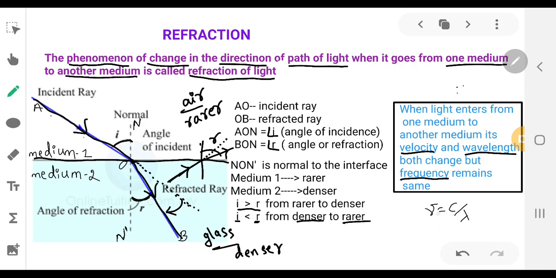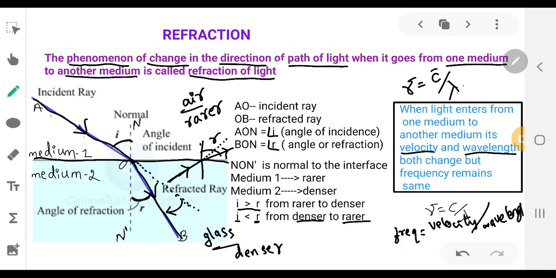There is a relation between frequency, velocity of light, and wavelength. Frequency is velocity divided by wavelength: nu is equal to c by lambda.